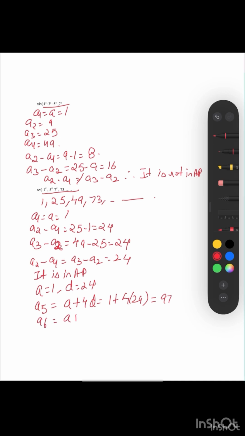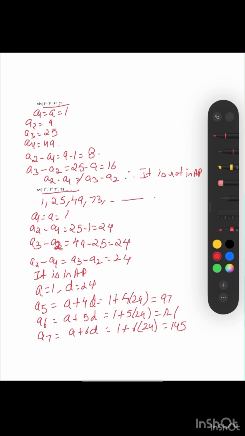A6 is A plus 5D, that means 1 plus 5 into 24, that will become 121. A7 is A plus 6D, that means 1 plus 6 into 24. On simplifying, we get 145. So these are the terms of my series.